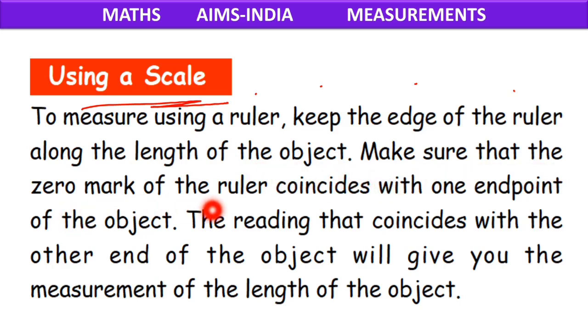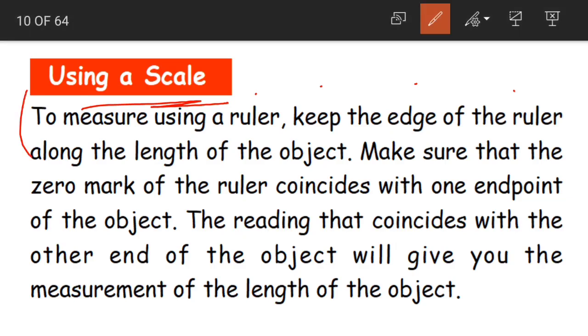Make sure that the zero mark of the ruler coincides with one end point of the object. The reading that coincides with the other end of the object will give you the measurement of the length of the object. Okay, don't get worried looking at these big sentences. It's very easy to measure using a scale.